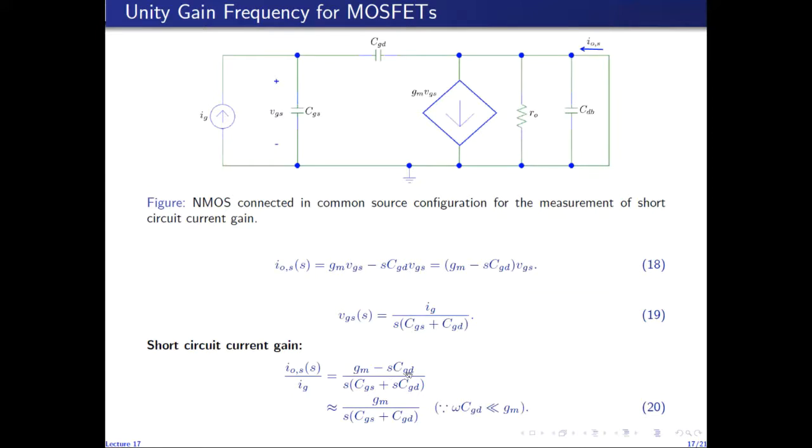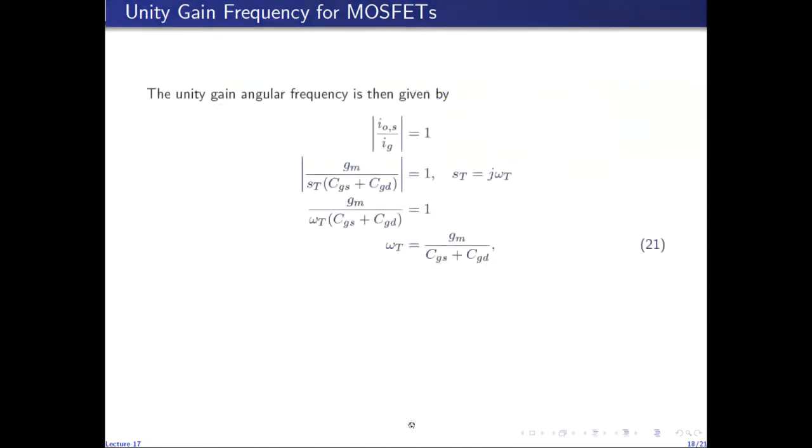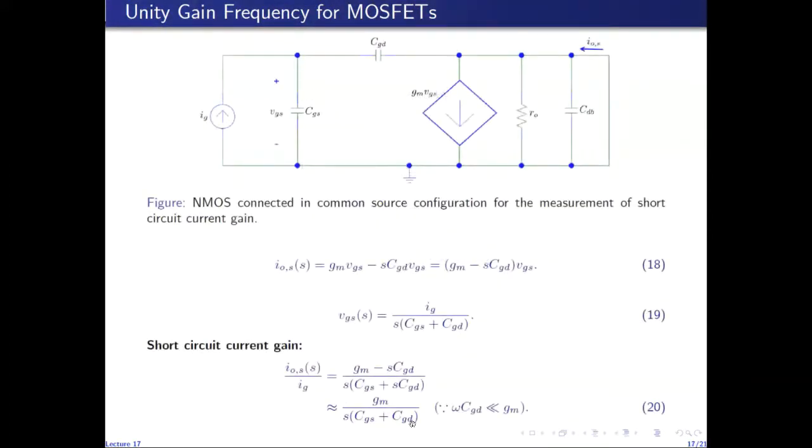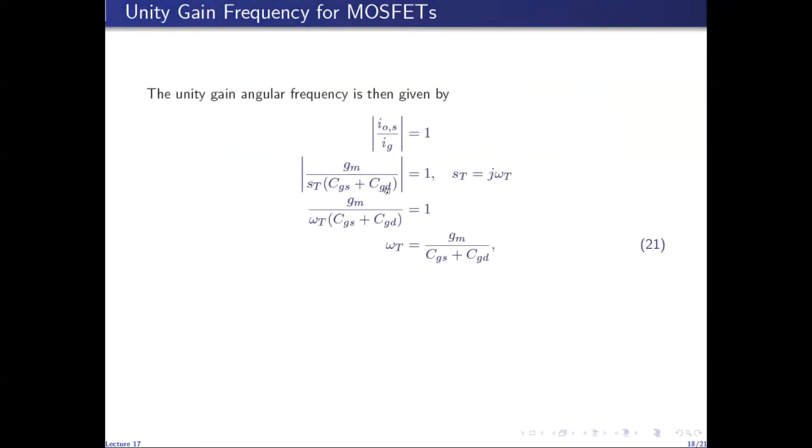Again, under the assumption that the magnitude of this second term, which is omega times Cgd, is much smaller than gm, the short circuit current gain can be approximated by gm over s(Cgs plus Cgd). Using this expression, we can find the unity gain angular frequency, which is the frequency at which the magnitude of the short circuit current gain becomes 1.